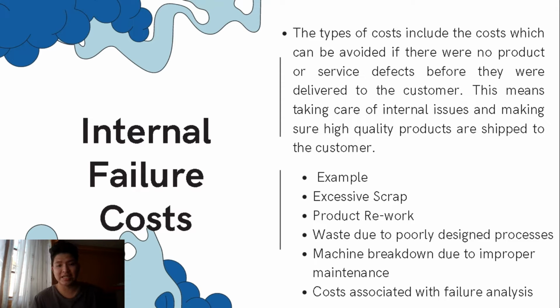The examples are excessive scrap, product rework, waste due to poorly designed processes, machine breakdown due to improper maintenance, and the cost associated with failure analysis. So, the internal failure cost is when the company handles it internally, before the customers receive the product.